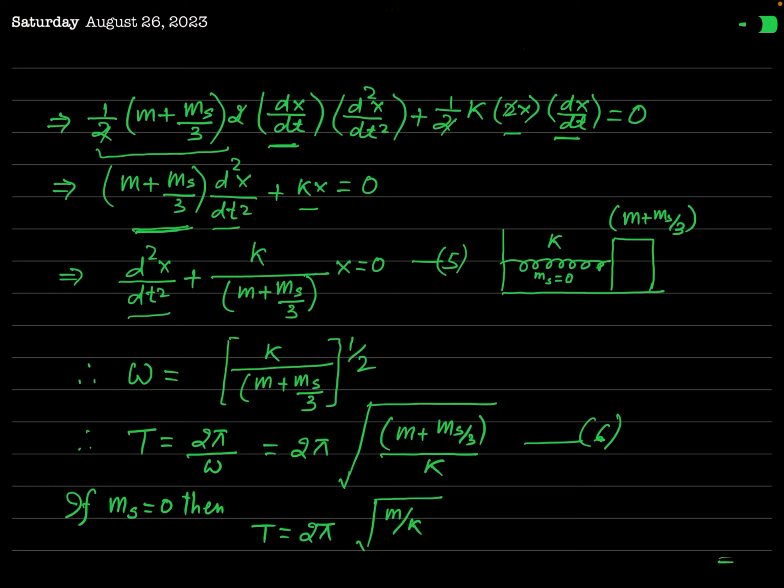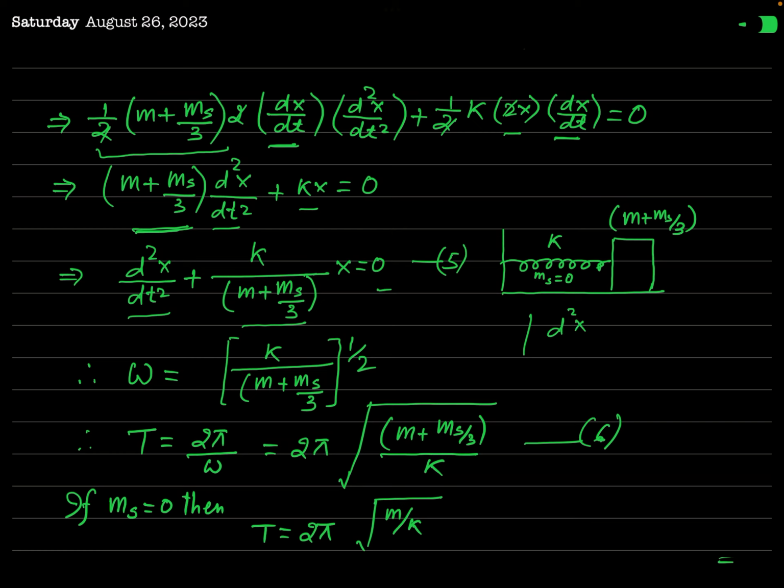Your result will be d²x/dt² + k/(m + ms/3) times x = 0.